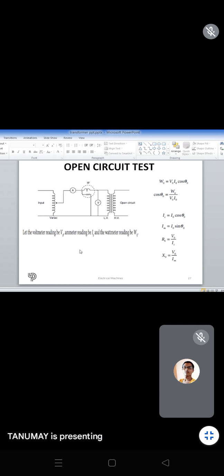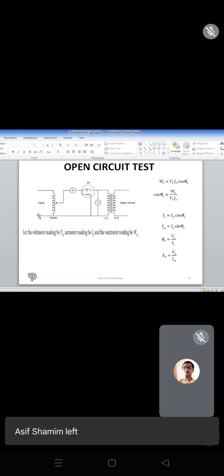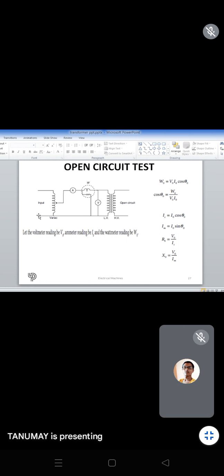Whenever you perform the open circuit test, the secondary side of the transformer will be open circuit and the primary side will be connected to the supply voltage, and the transformer will be magnetized at the rated supply voltage. That means on the transformer you will get a specification where the rated supply voltage is written. Suppose that supply voltage is 220 or 240.